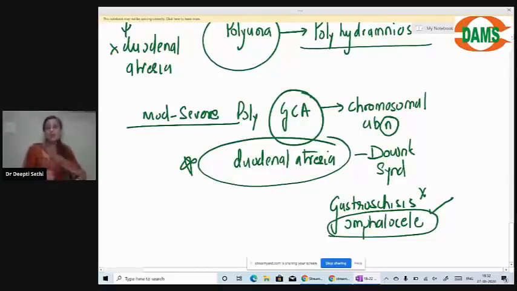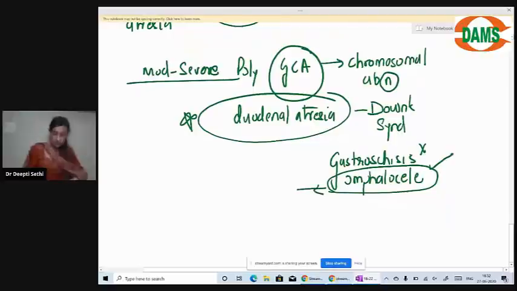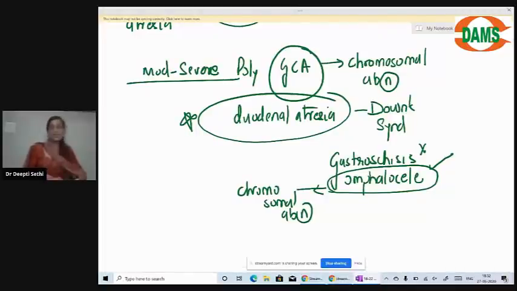Remember, it is omphalocele which is associated with chromosomal abnormalities. So you are likely to see other gross anomalies in the baby as well when the fetus shows omphalocele, right? Gastroschisis is usually not related to other anomalies. So duodenal atresia is the characteristic GIT finding in the baby of Downs.